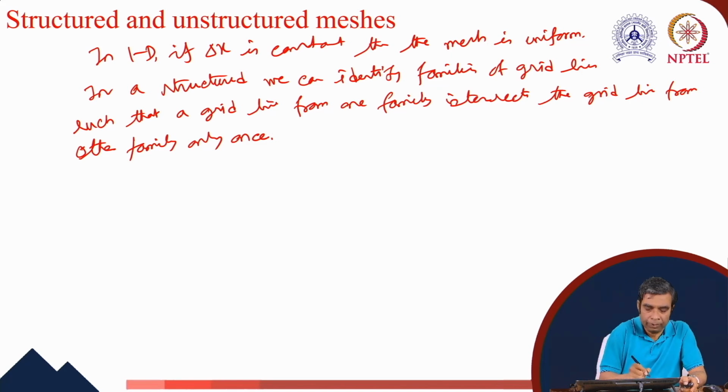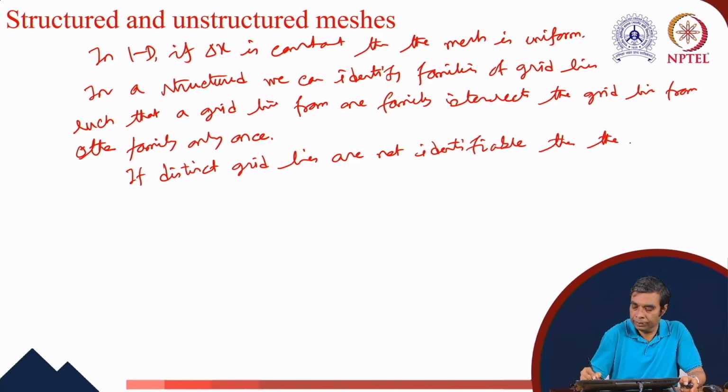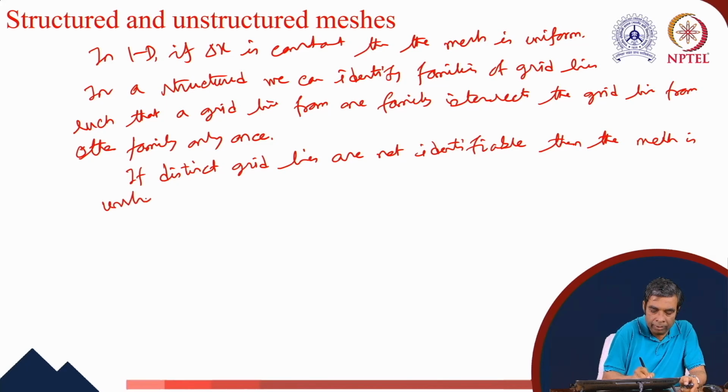Okay, so if distinct grid lines are not identifiable, then the mesh is unstructured.